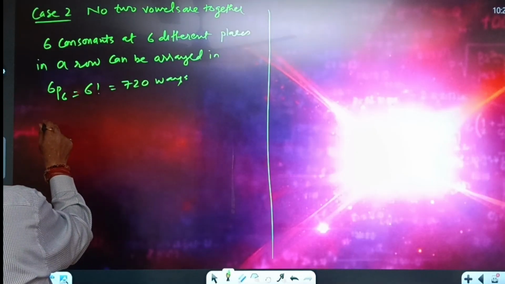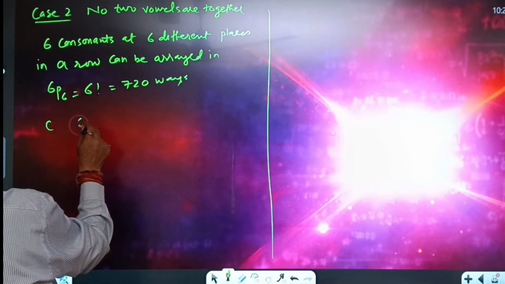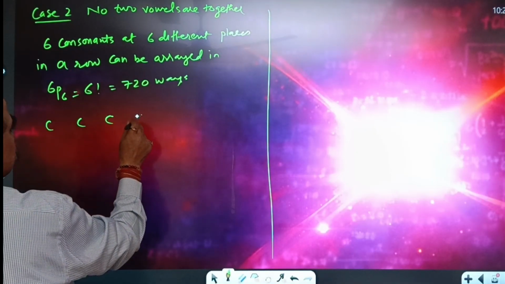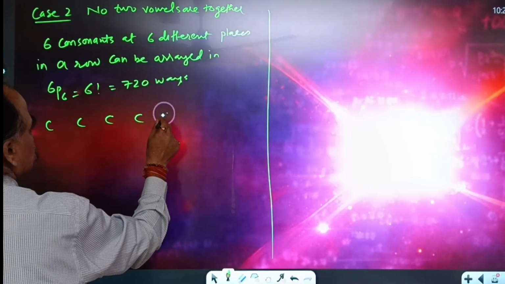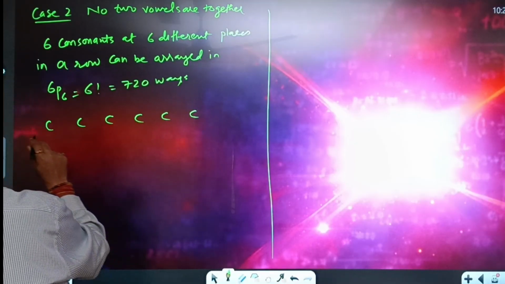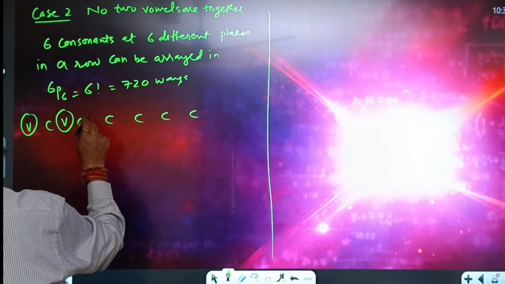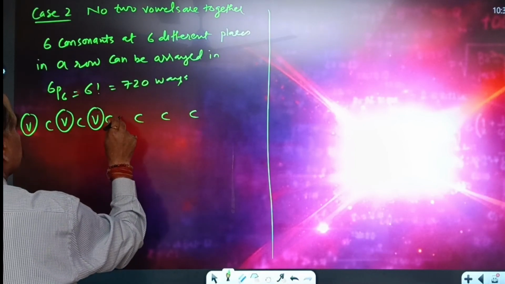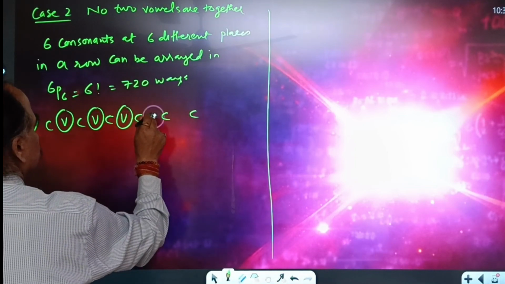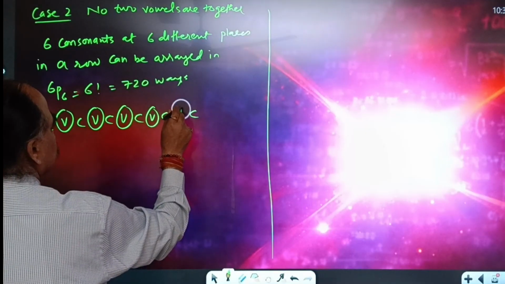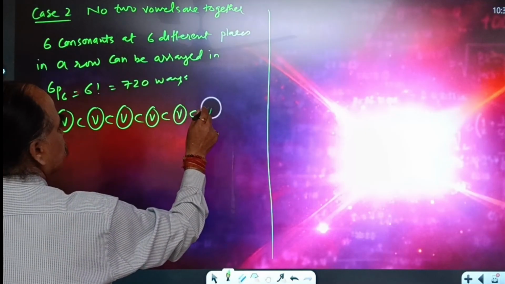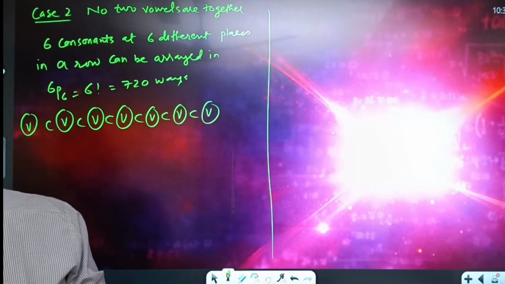See, this is one arrangement of consonants. For vowels we will have 1, 2, 3, 4, 5, 6, 7 places.